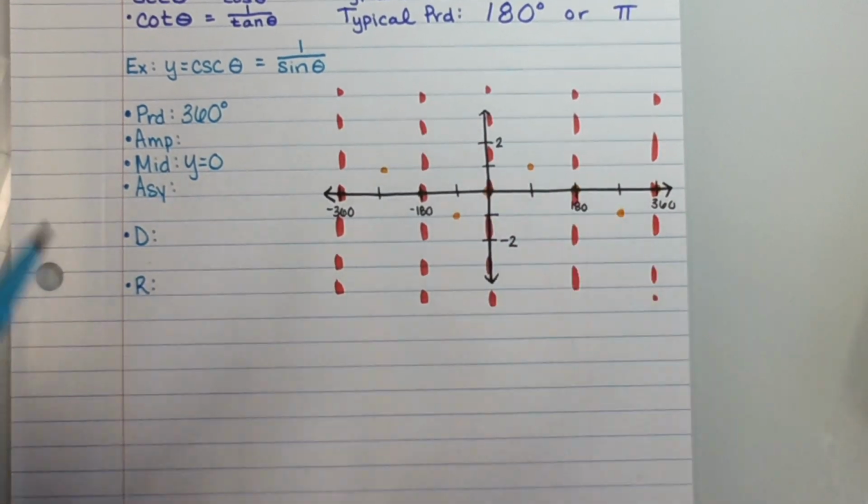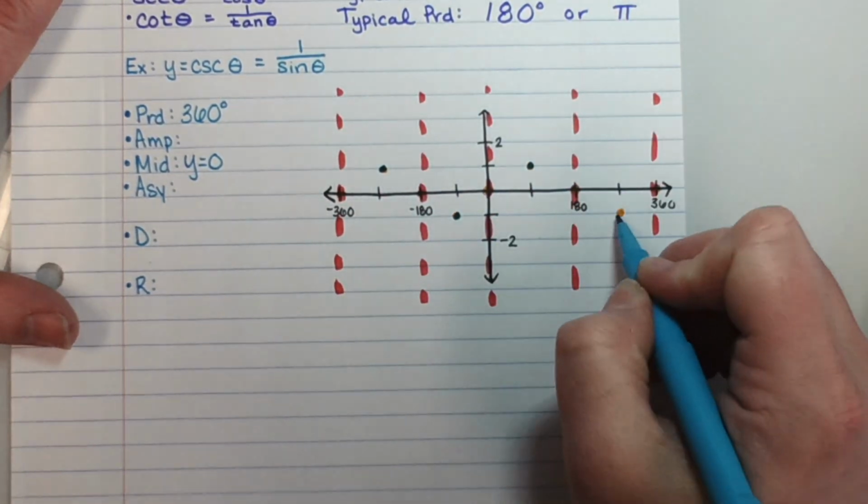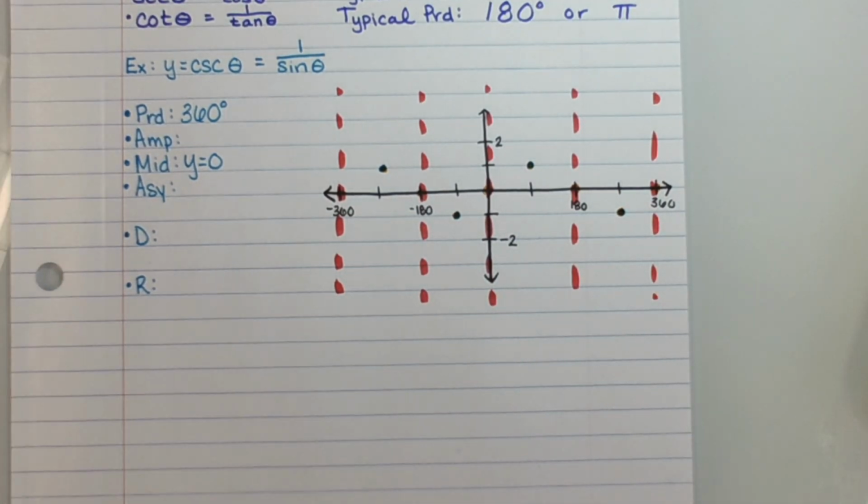The maximum and minimum hits of sine are parts of the cosecant graph. In fact, they're minimums and maximums as well, but they're the opposite. A maximum hit of sine is a minimum hit of cosecant.